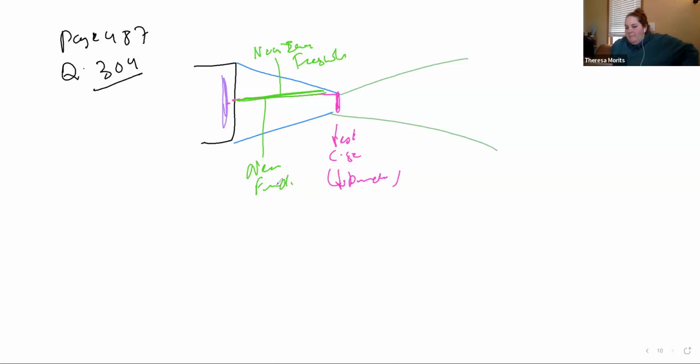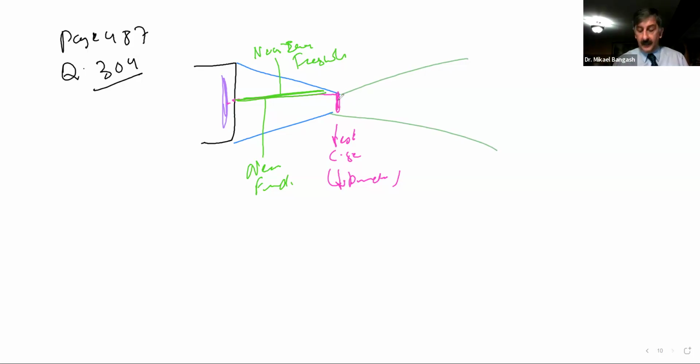Yes. Be watchful, because they're not asking what we call this area here. If that had been what they asked, the question would have been, what do we call the region of the beam where it has the lowest cross-sectional diameter?